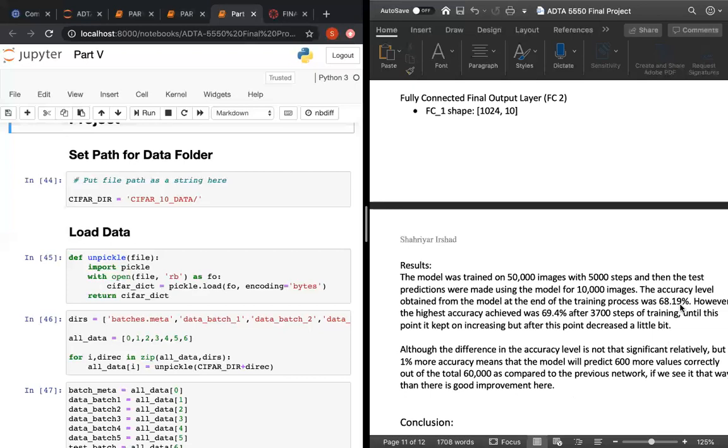And as I said before, this improvement is not relatively significant, but still it's a 1% improvement as compared to part 3. And if we see it in another view, then this 1% is basically almost 600 values of the total 60,000 values in the data set. Which means that this model will predict 600 more values correctly as compared to part 3. So in my view, still this is some improvement.